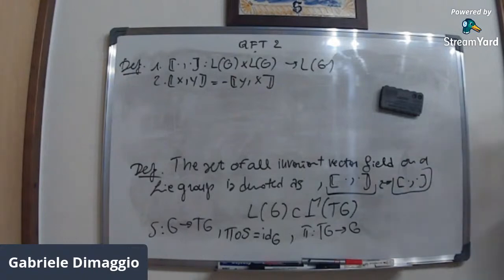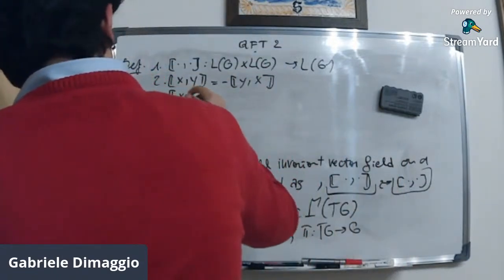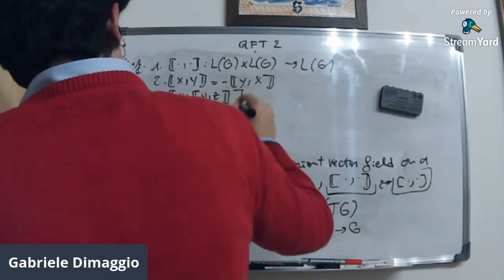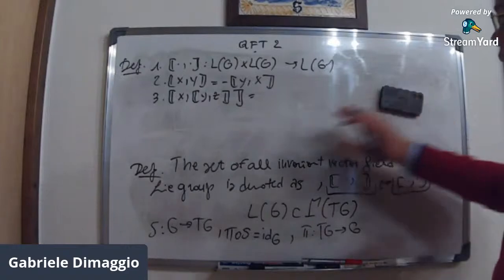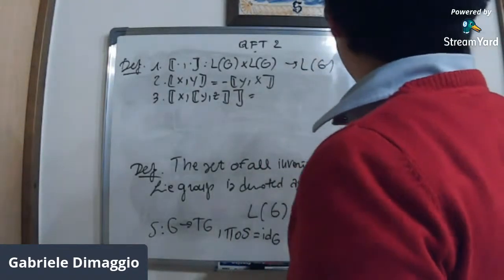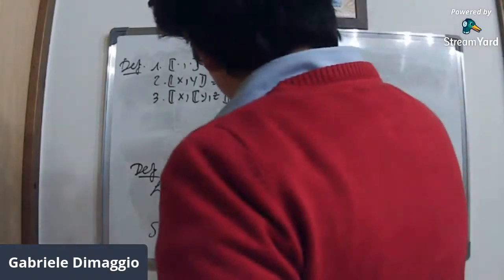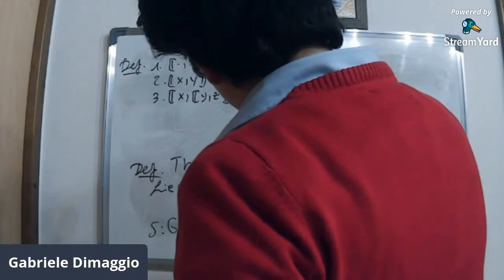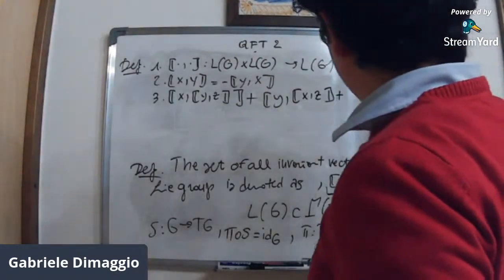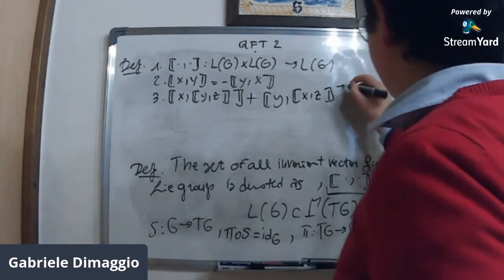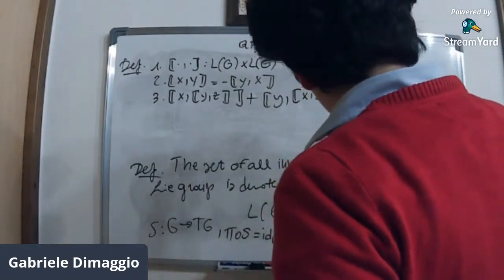Then we have the Jacobi property: the bracket of x with the bracket of y and theta, plus the bracket of y with the bracket of theta and x, plus the bracket of theta with the bracket of x and y, is equal to 0.